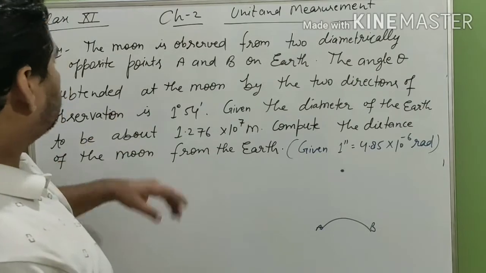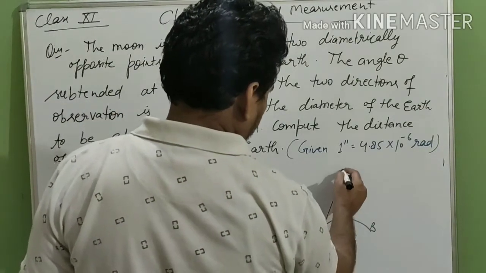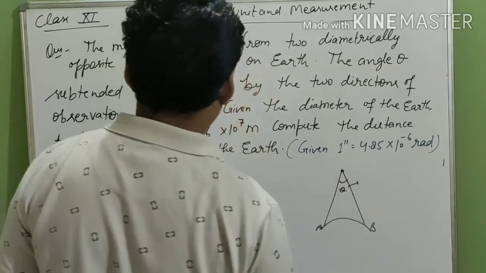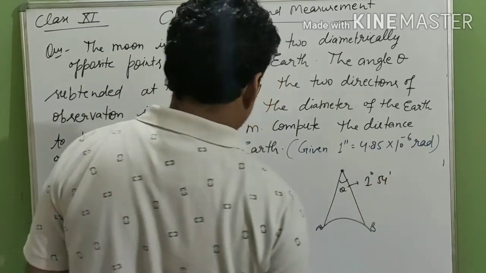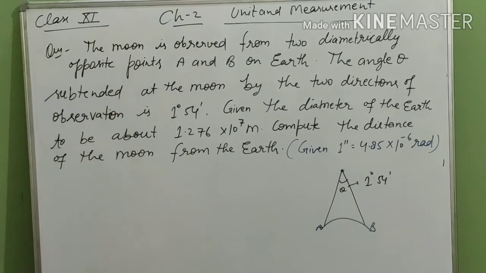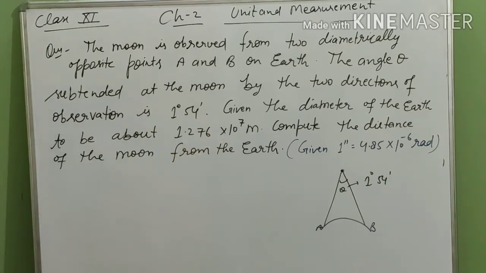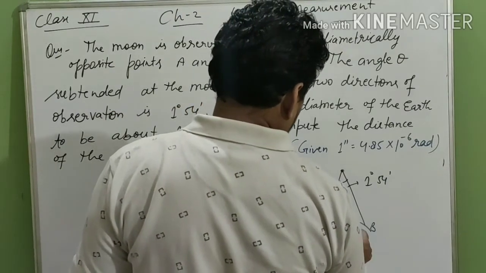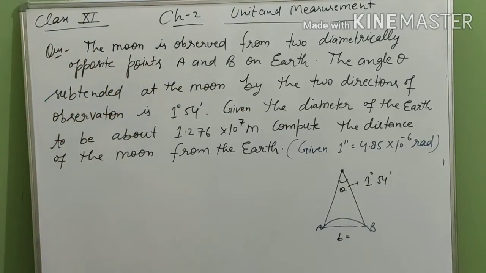The angle subtended by the earth on the moon is 1 degree 54 minutes, and the diameter of the earth is given to be about 1.276 into 10^7 meters. The size is given to you because it is stated in the question.